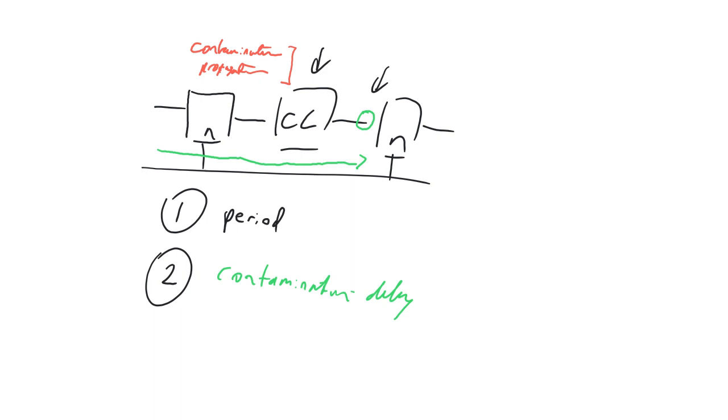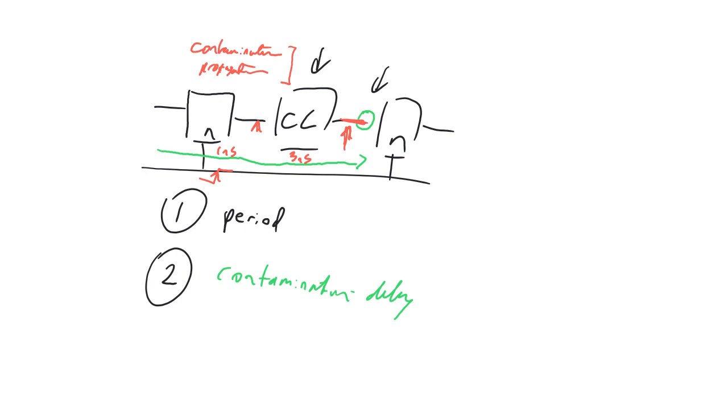So for example, if this flip-flop here had a contamination delay of 1 nanosecond and this logic circuit here had a contamination delay of 3 nanoseconds, what this means is that at the rising edge of a clock, there's going to be at least 1 nanosecond before this starts to change, and then at least another 3 nanoseconds, or in other words, 4 nanoseconds after the rising edge of this clock is going to be the first time that this output starts to change.